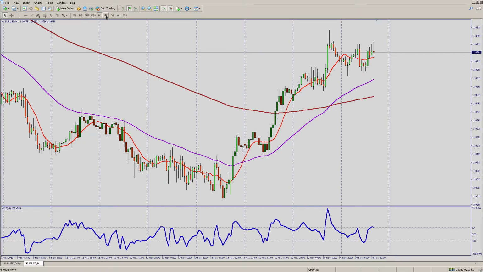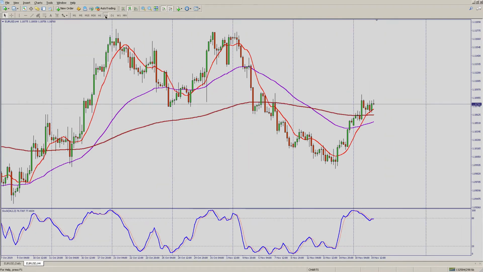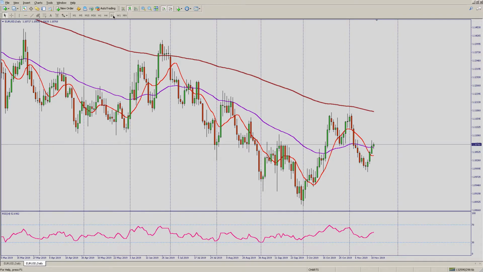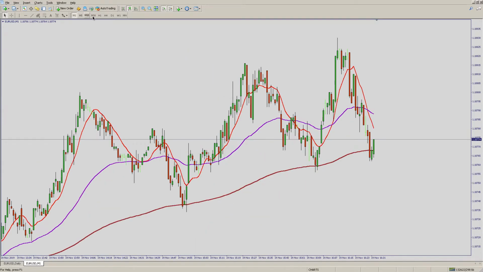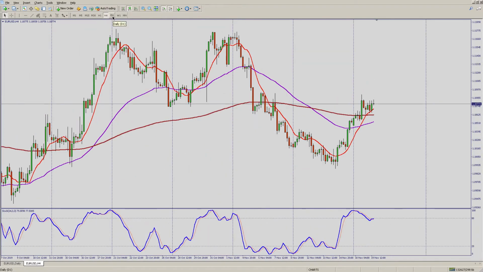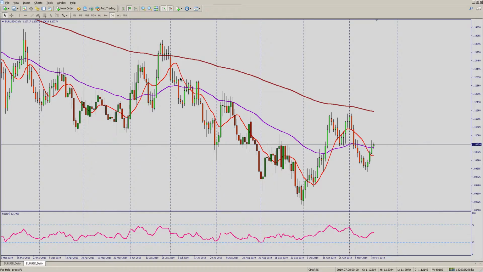Okay, so there you are. You have 1 hour CCI, 4 hours we have stochastics, and RSI on the daily. You can add MACD if you prefer. On the 30 minutes, you've got CCIs, and the rest is up to you to set up, depending on your preference and your strategy.